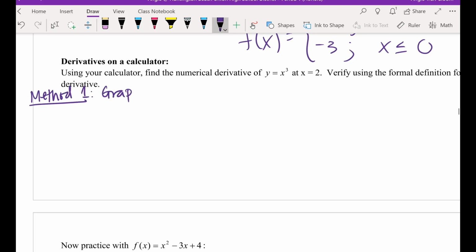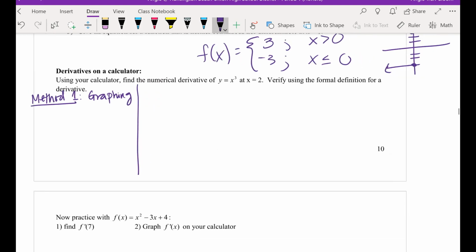And again, guys, your calculator may be slightly different from mine, so we're going to work together to figure out how you can use your calculator. Let me give you an equation. Use your calculator to find the numerical derivative of y equals x^3 at x equals 2. Only use your calculator, and then verify using the formal definition of a derivative.